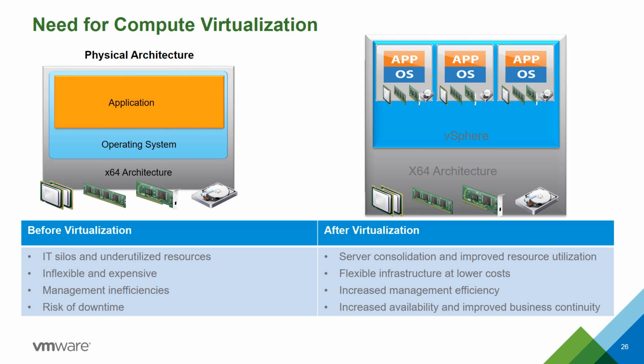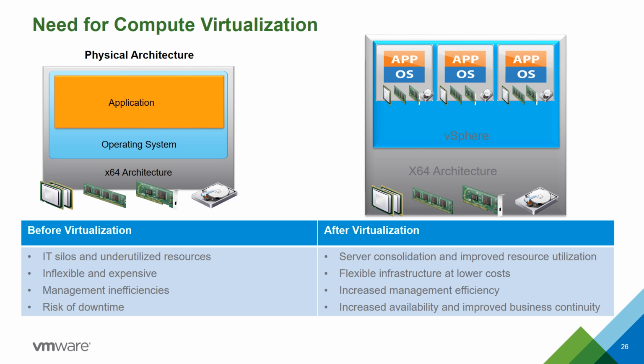After virtualization, you get server consolidation and improved resource utilization, flexible infrastructure at a much lower cost, increased management efficiency, and increased availability and improved business continuity. The first 3 points you would have understood by now, but what does this last point mean? Increased availability and improved business continuity.